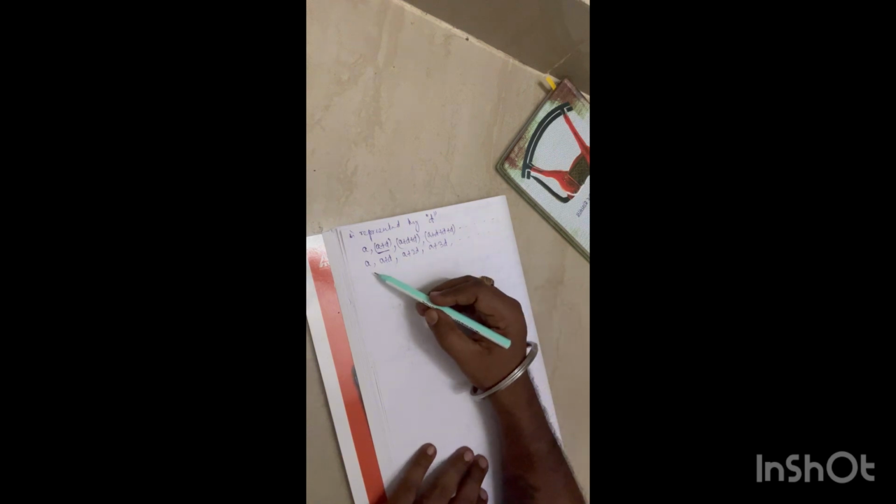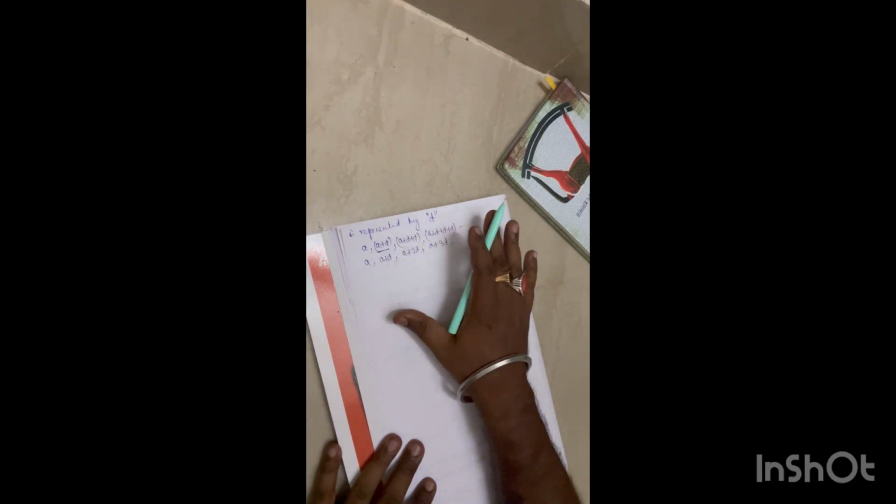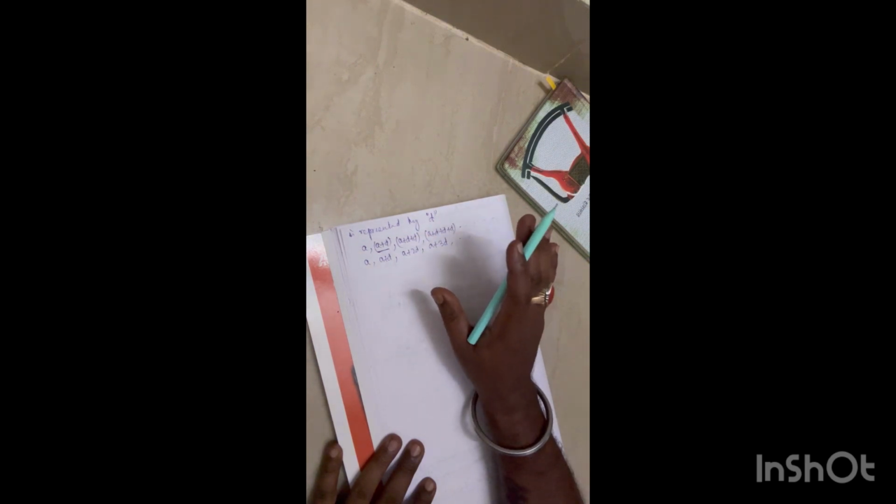Understand? So the series can be represented with these two characters itself. Fine. So this is the common presentation of the arithmetic progression, and I will end here this session.